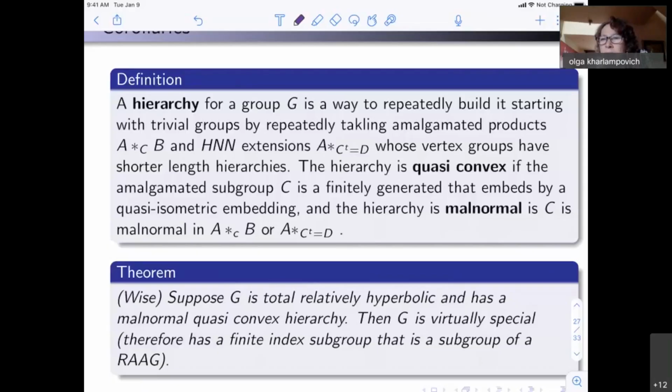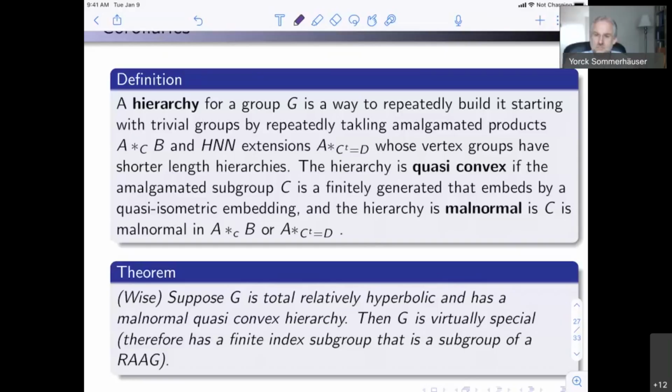Virtually special groups, are they coherent? No, this is what I thought. So I think coherence is not known, but maybe. Okay, thanks, Olga.